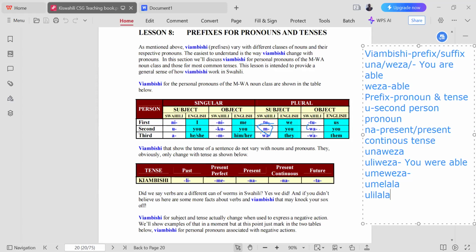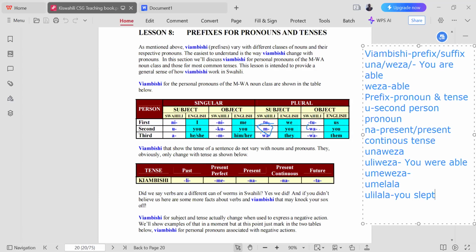So I've used the word sleeping, which is closer than the word able. I've used the word ulilala, which is in the past. When you say ulilala, what does it mean? You slept. At the time I'm saying you slept, I'm basically speaking to somebody who is maybe awake now.